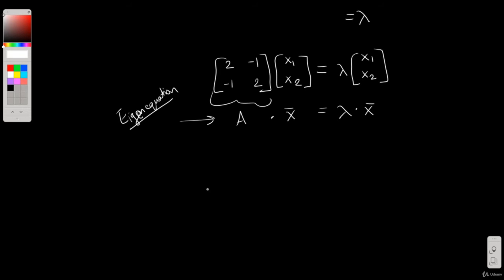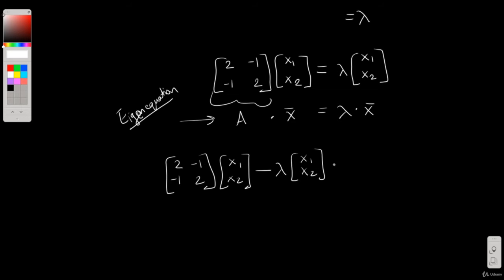And the way we do that is by solving the determinant of this eigenequation. So what is the determinant of this matrix? Well, in order to do this, we actually have to subtract the lambda, the eigenvalue, over to the left. So what we have is 2, minus 1, minus 1, 2, minus lambda, times x1, x2 equals 0.